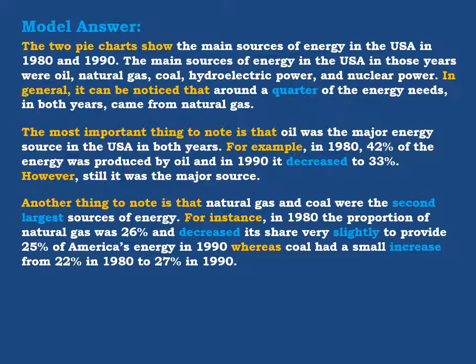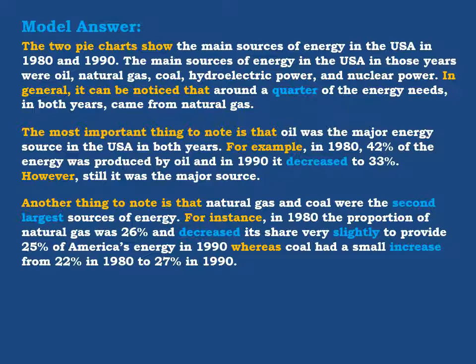Now we need to give details. For instance, in 1980, the proportion of natural gas was 26 and decreased its share very slightly to provide 25. So it decreased only by 1%. So that's why we say slightly. It decreased its share very slightly to provide 25% of America's energy in 1990, whereas coal had a small increase from 22% in 1980 to 27 in 1990.